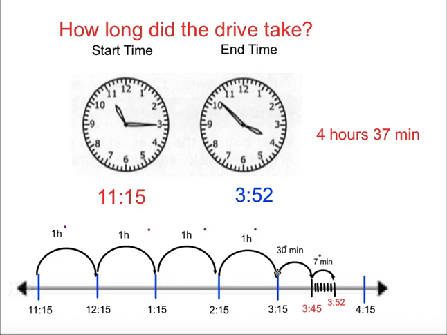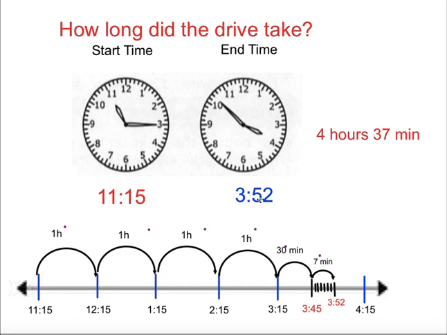I'm going to stop here because if I go to 4:15, I went too far and then I would have to count backwards, which is certainly another strategy. We'll do that another time, but right now I'm just counting up. So if I counted to 3:15, I'm going to think of my friendly numbers. 30 is a friendly number for me, so I'm going to jump 30 minutes, which brings me to my landmark of 3:45.